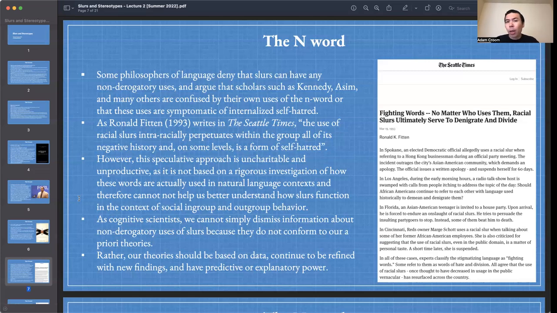As we'll see in tomorrow's lecture, in the article on the reappropriation of stigmatizing labels by Galinsky and colleagues, 2013, slurs are reappropriated or reclaimed in that experimental article. In order to predict any of those results, we have to acknowledge and have some understanding of reclamation.